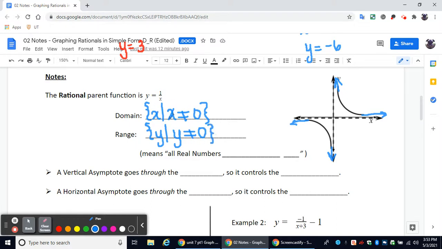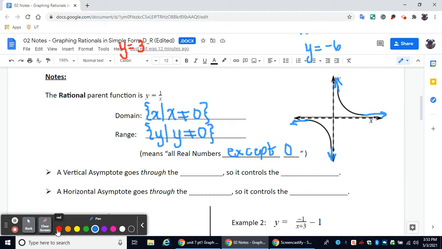So this notation, the set builder notation, is normally what we use to notate our domain and range for a rational function because it's shorter and easier to write than the interval notation. And again, the meaning of this is all real numbers except 0.